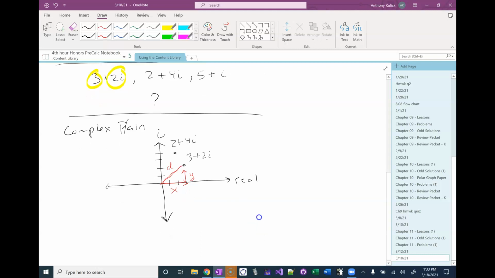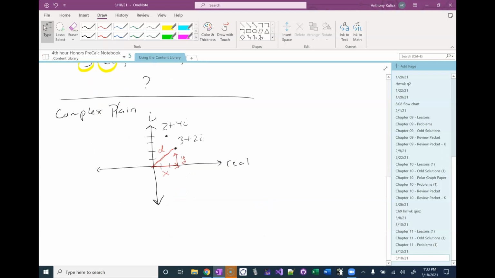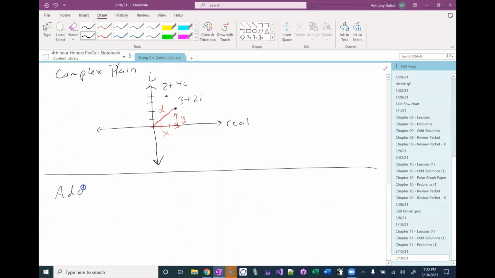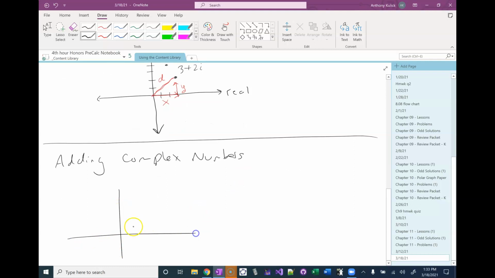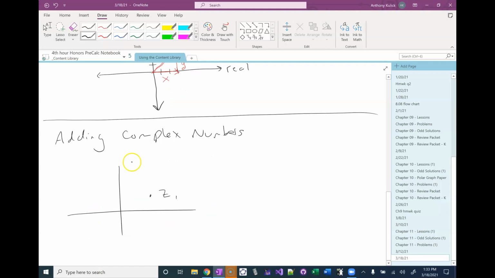Mostly because what it allows us to do is add two of these complex numbers together. So if I take a complex number, we'll call that one Z1, and say I have another complex number, let's say that one is Z2, and I want to find Z1 plus Z2.